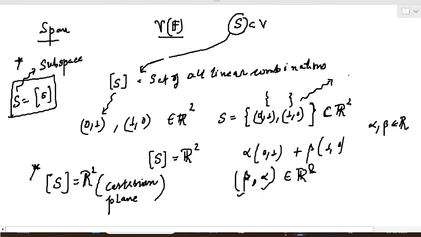And in fact, I've told you that these form the standard basis vectors. The standard basis.